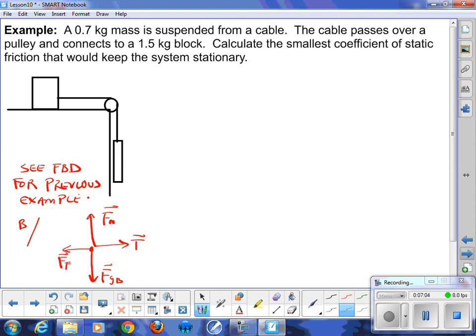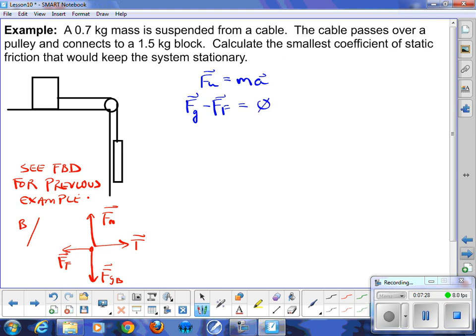So we want to make sure that the system will remain stationary, or will not move. So we know that in this case, the unbalanced force, Fu, equals mass times acceleration. I know that my force due to gravity, or driving force, minus force due to friction, will have to equal 0.